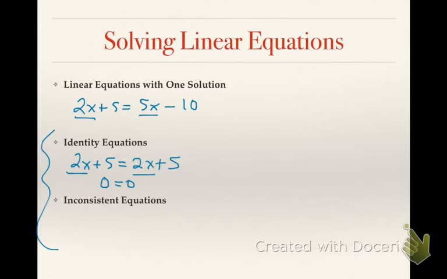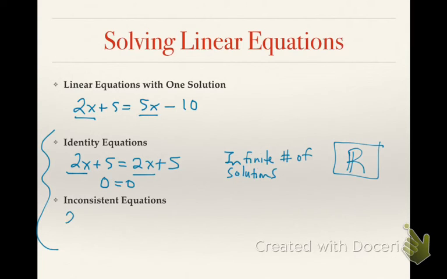So you would have an infinite number of solutions. In other words, the solutions are all real numbers. Any value of x you plug in will work, due to the sole fact that 2x plus 5 is equal to 2x plus 5. No matter what you plug in, it will work.